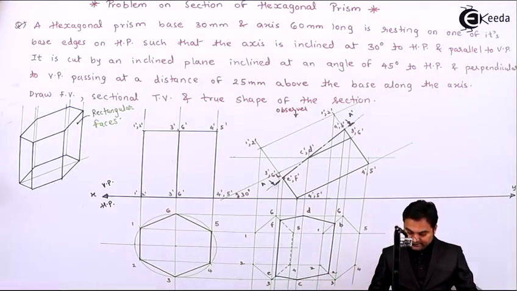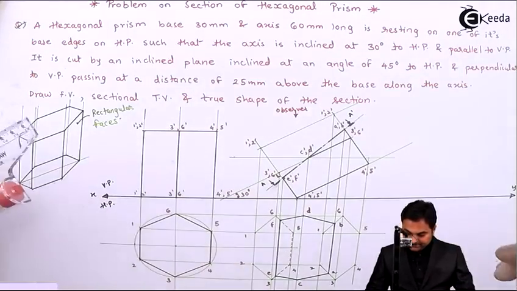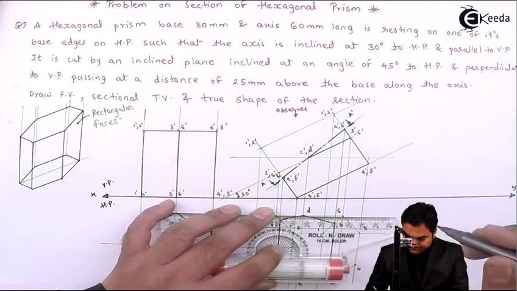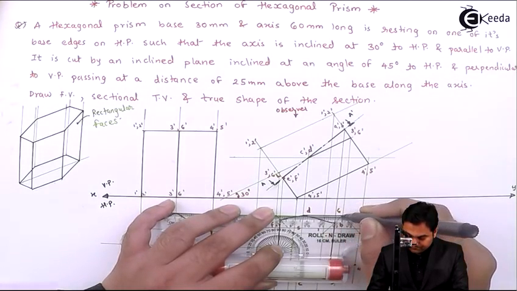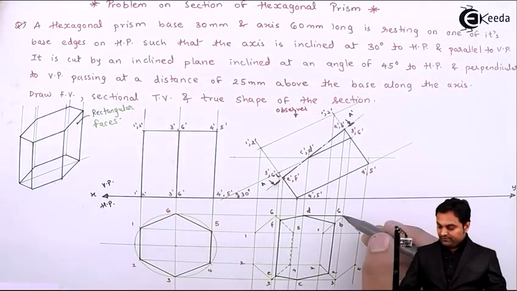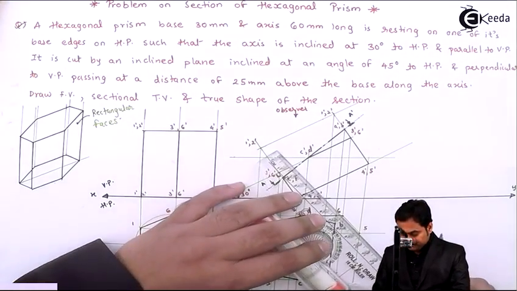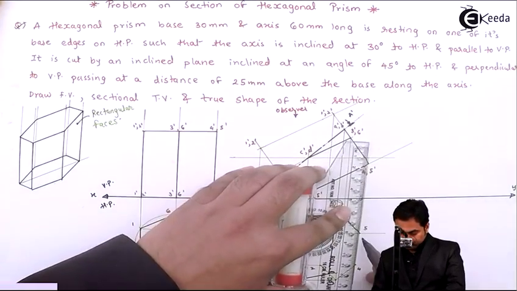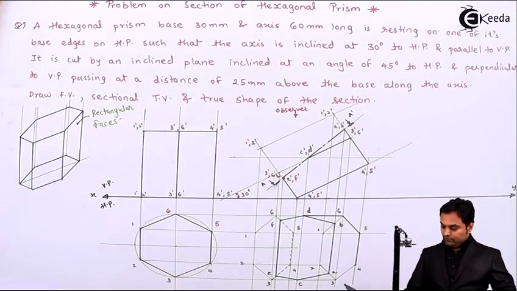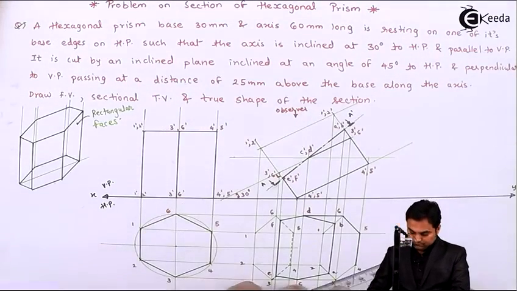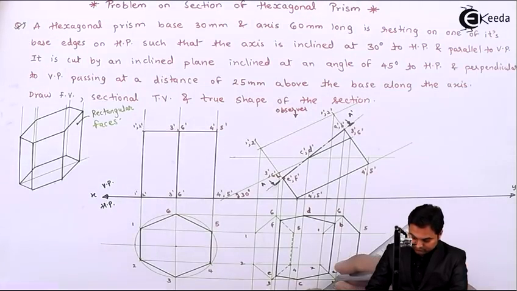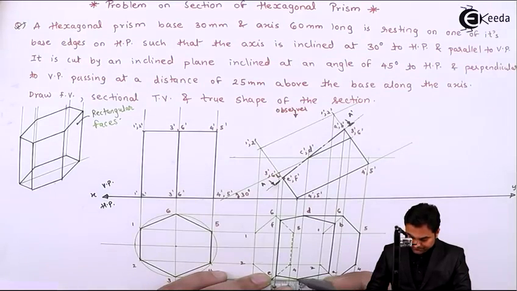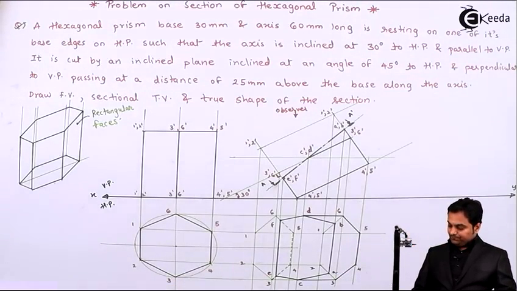So this right hand side part is retained, that is D to 6 is connected, then 6 and 5 are connected, 5 and 4, 4 and 3, 3 and C.